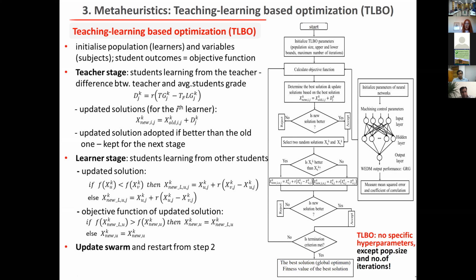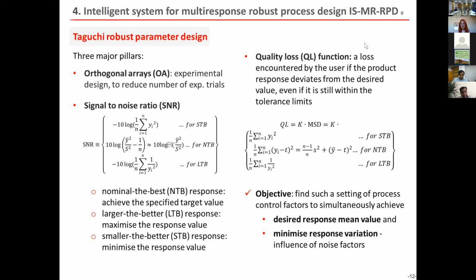Now I'll briefly present the methodology that I have developed. I called it Intelligent System for Multi-Response Robust Process Design, shorter ISMR-RPD. It is based on the theory of the Japanese scientist Taguchi.